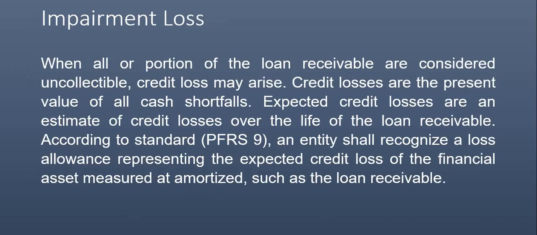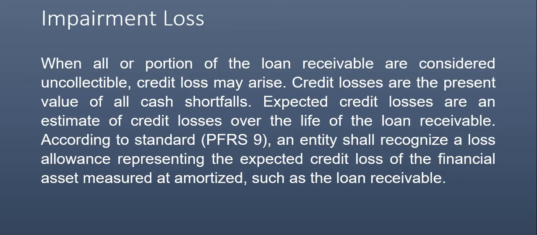So what causes an impairment loss? When all or a portion of the loan receivable is considered uncollectible, meaning part of the loan receivable or the entire loan receivable is uncollectible, then there is impairment loss. So credit loss may arise.